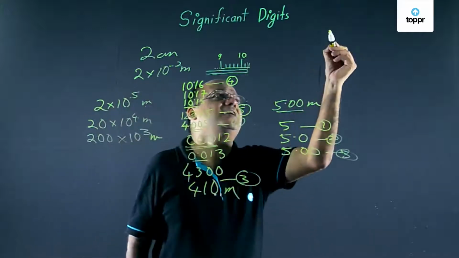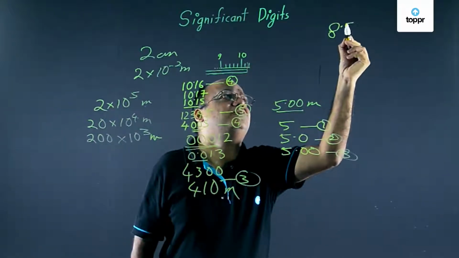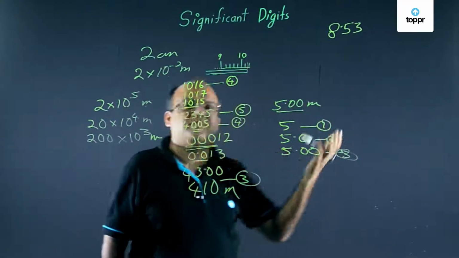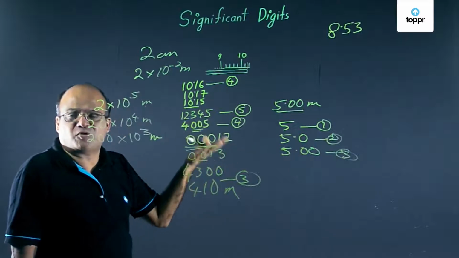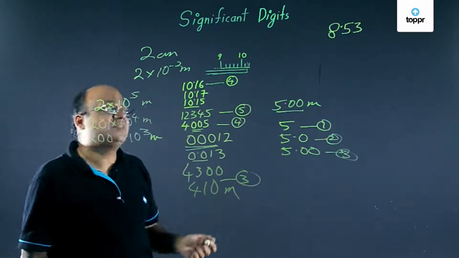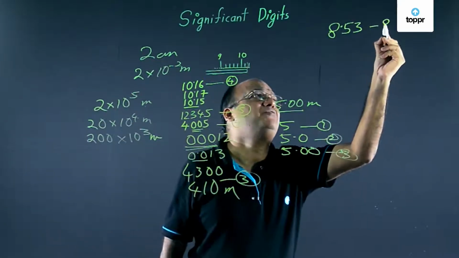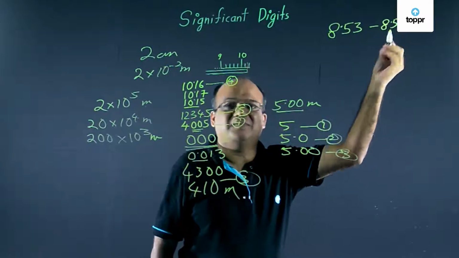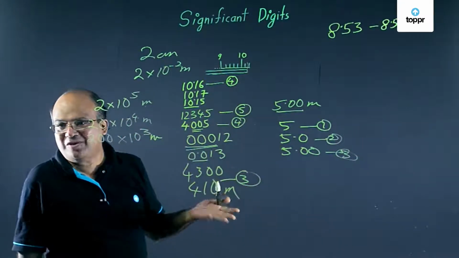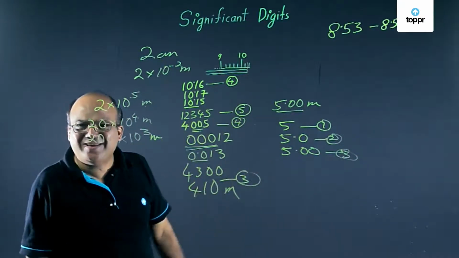Suppose we have got a reading 8.53 and you have to drop 3. You have to round off to 1 decimal place. This will become 8.5. The simple rule all of you have learnt in school, very simple, right?